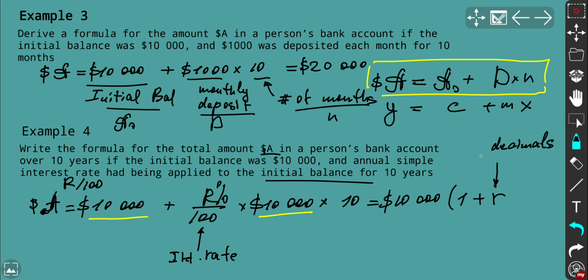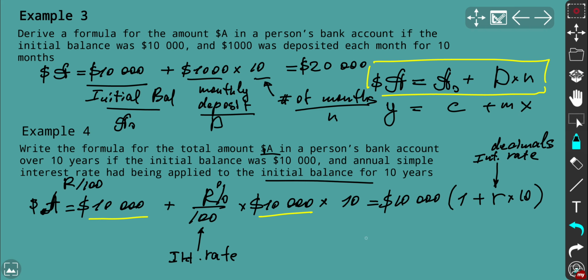That's still the interest rate. Let's say 10%, we convert into decimal is 0.1. And we need to multiply by the 10 periods horizon. That's called investment horizon in the world of finance.